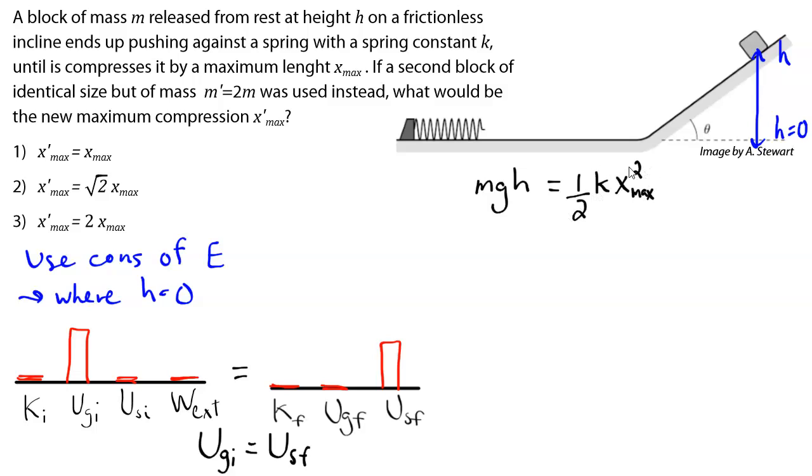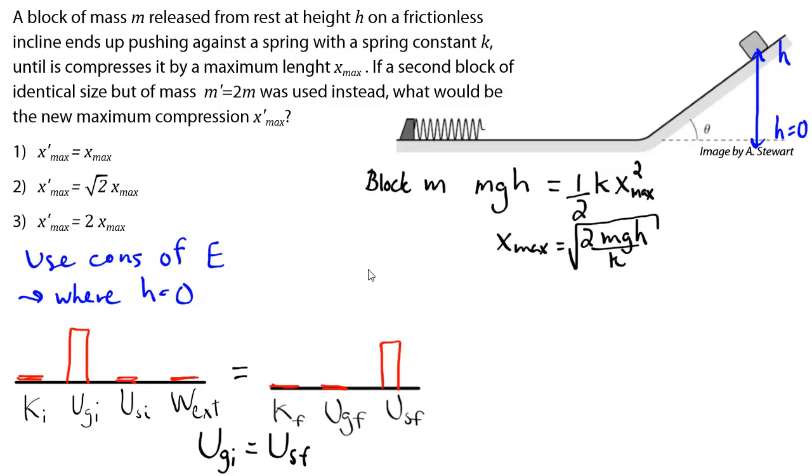I will isolate x max in that equation, and what we'll get is that x max is equal to, I take the 2 on the other side, so we have 2mgh divided by k, and then we need to take the square root of all of that. So this is what's going on when we have the block of mass m.